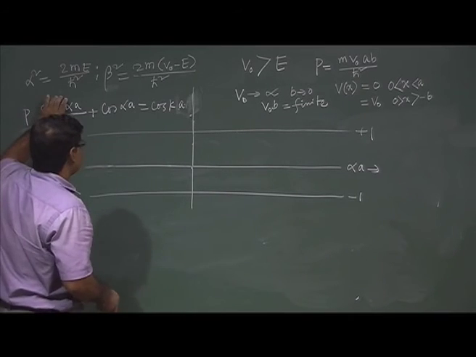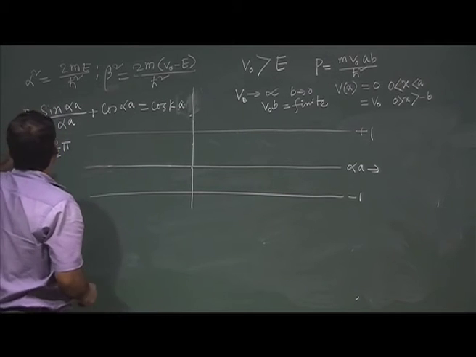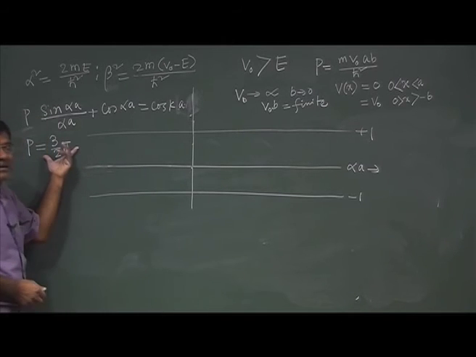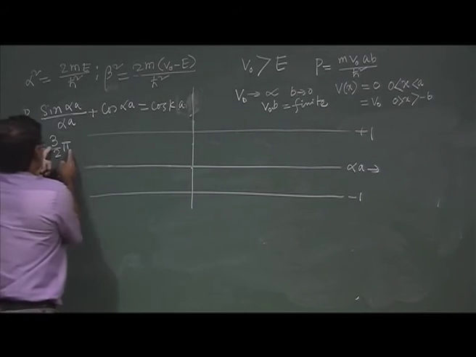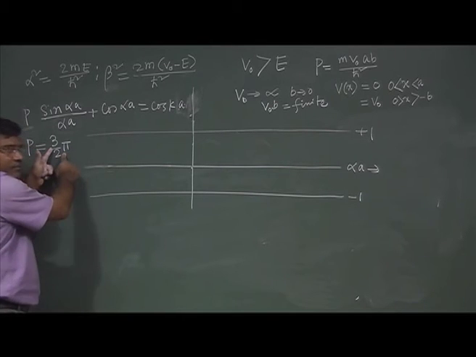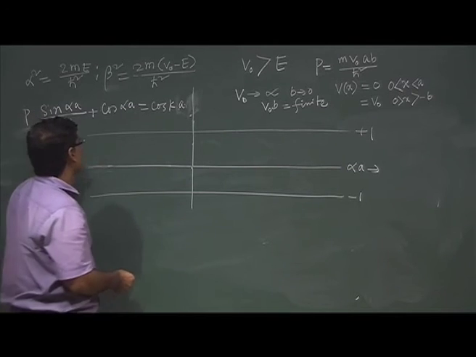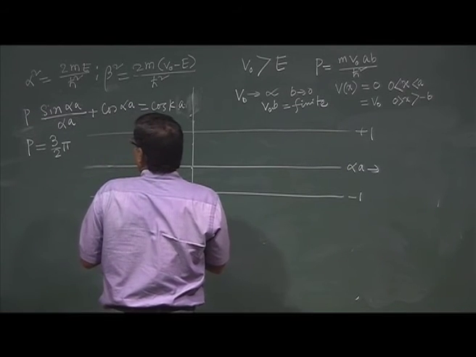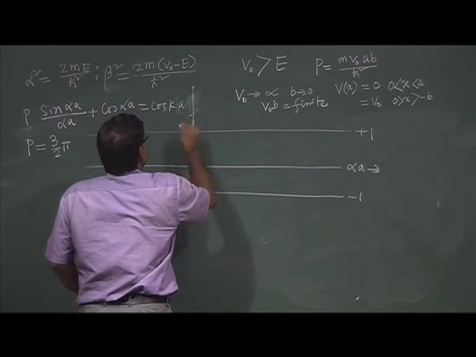So at 0 it is 1. Whatever the p value, 3 by 2, this we have just taken, you can take any other value also. So this value is definitely higher than 1, right. It is almost 4 to 5 times of 1. So its value is here, say.